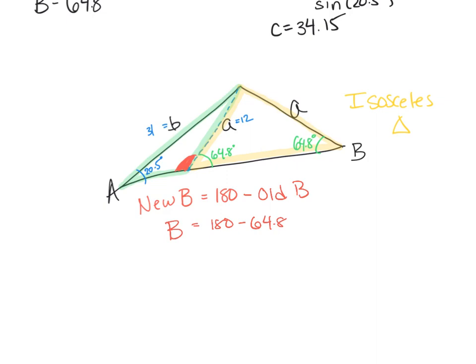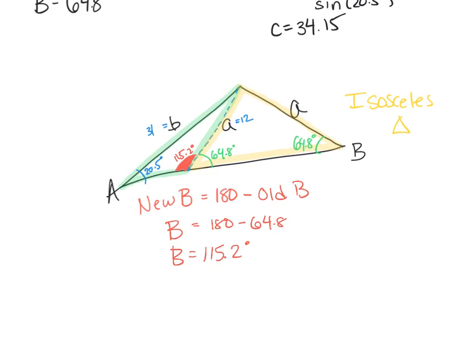Let me check. That is 115.2 degrees. So this angle right here is going to be 115.2 degrees. You'll notice it's much, much larger than the original angle because it's just the rest of that line.